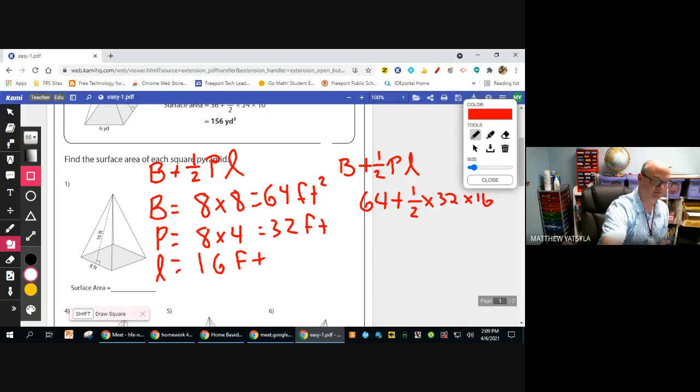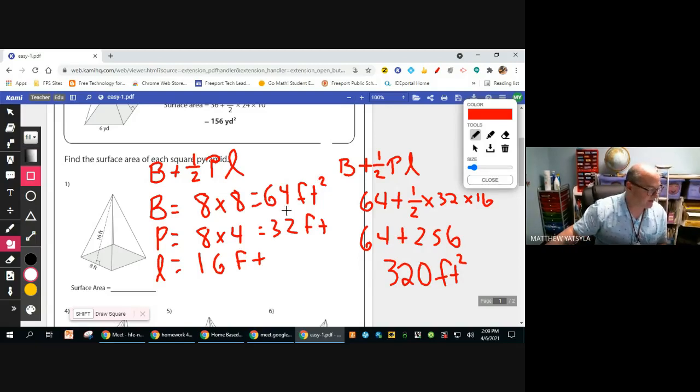Keep saying 10. This gets us 64 plus 256, which then gets us 64 plus 256 gets us 320, and then our units are going to be feet squared.